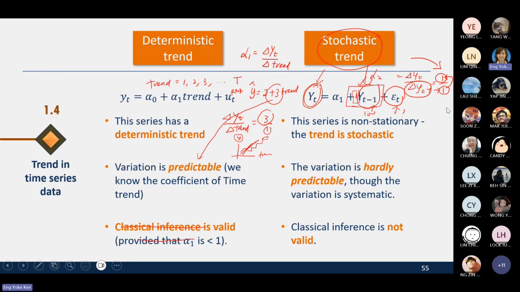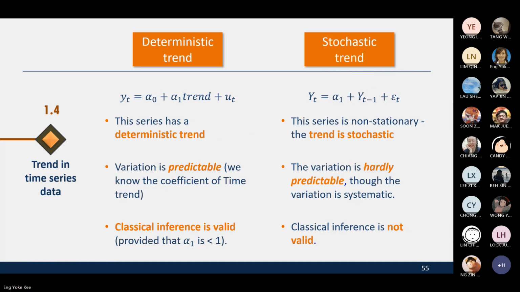If this value is equal to 1, then the series is non-stationary, or the series contains a stochastic trend pattern. As I mentioned, non-stationary means you don't know what to expect. It will go far away from the long-run mean value, so it's basically a non-predictable value of y.